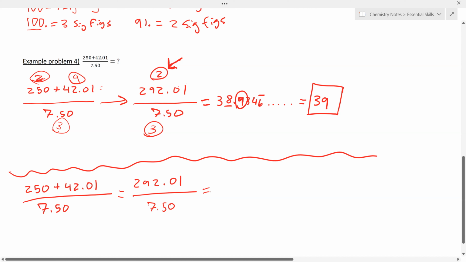Okay, so in this case, we're gonna go back to what we're doing. We're gonna divide again. We're gonna get that crazy number again. So we're gonna rewrite it with that repeating 6. Okay, so in this case, we're not gonna do what we're supposed to. So we're just gonna go with this.